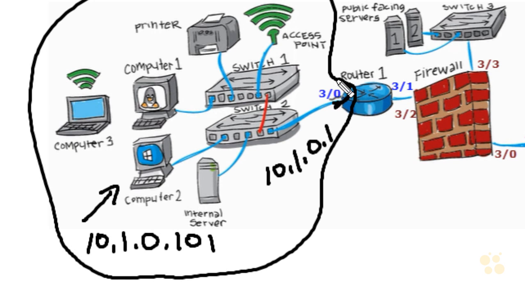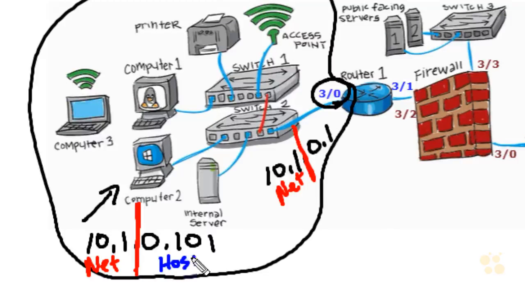So that's interface 3/0 on router 1. Now, for the purpose of our discussion, let's just go ahead and presume that the first two numbers here are the network, and that the last two numbers are the host, meaning the host address, the IPv4 host address of these interfaces on the network.